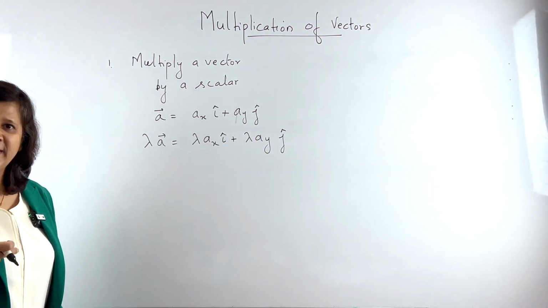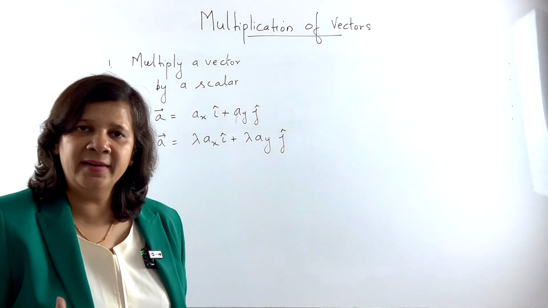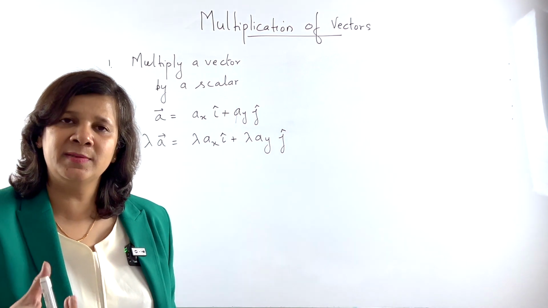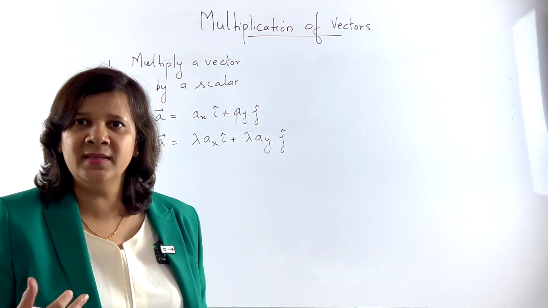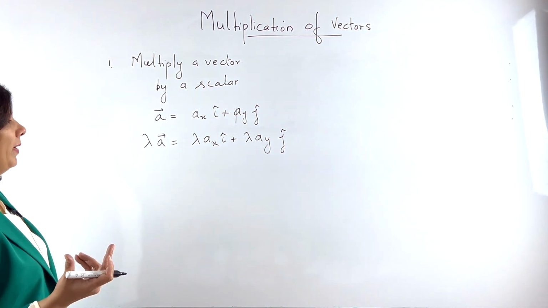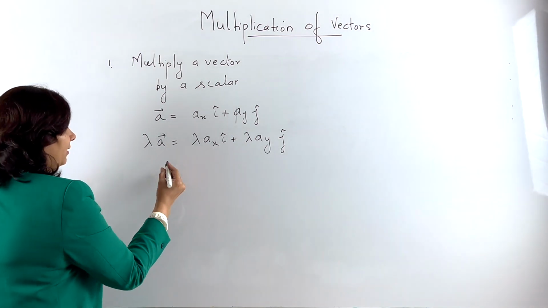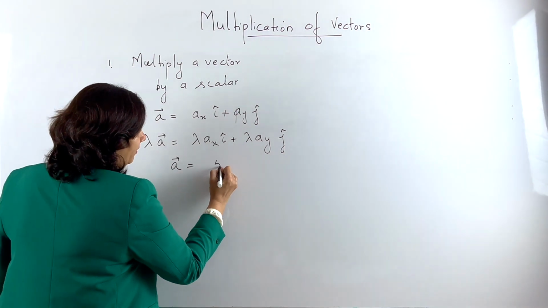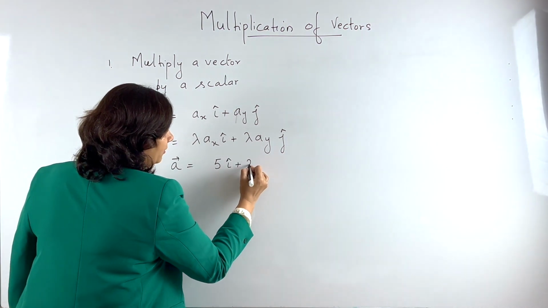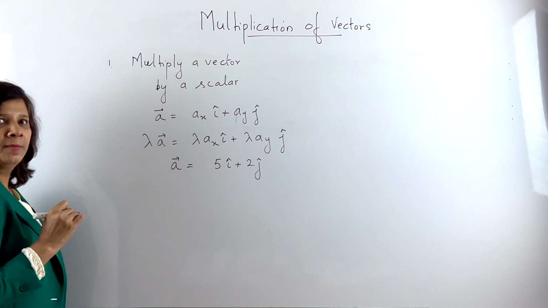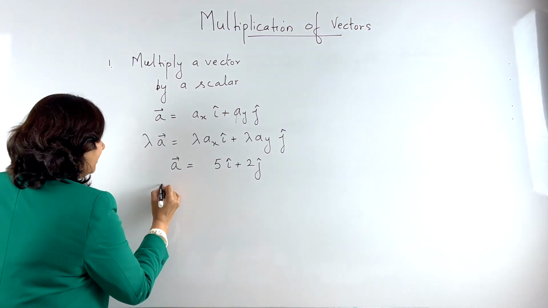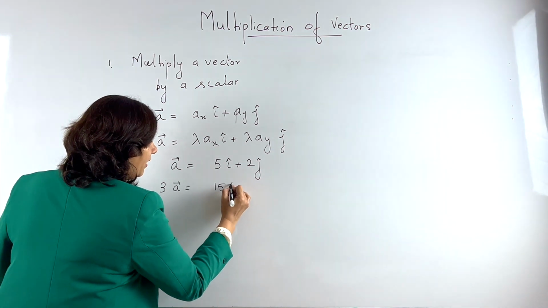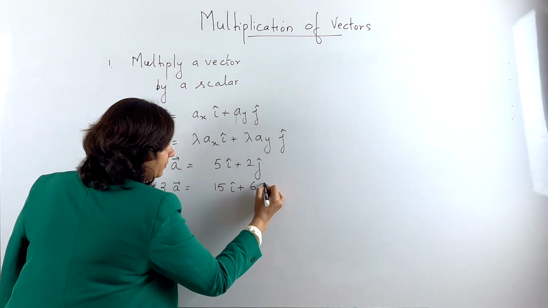Okay. So basically what I am doing is that when I find the magnitude of this vector, this magnitude has become lambda times. This is the meaning of multiplying a vector by a scalar. So for example, if I take a vector to be 5i plus 2j, then multiplying this vector by 3 will give me 15i plus 6j.